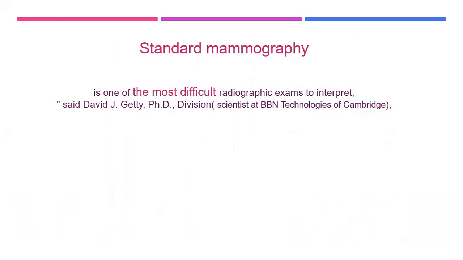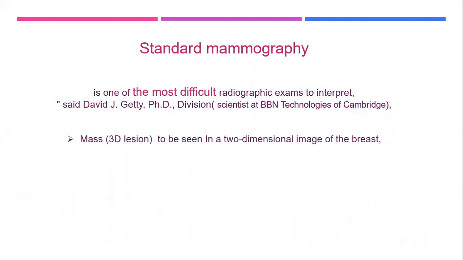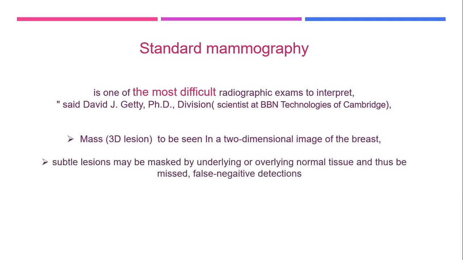David Getty, a scientist at BBN Technologies of Cambridge, said that the most difficult radiographic exam to interpret is the standard mammography. A mass, which is a 3D lesion, has to be seen in a two-dimensional image of the breast.